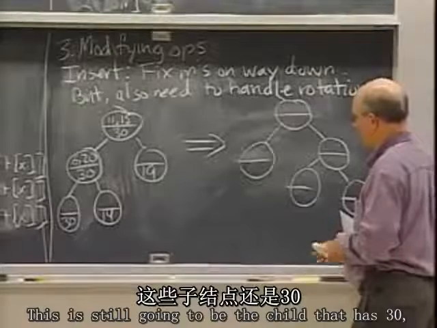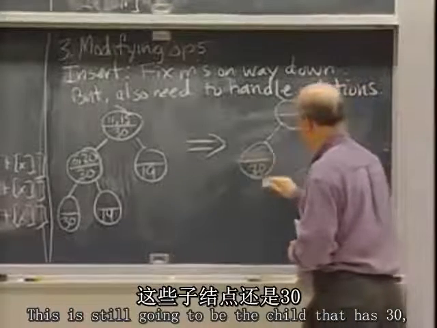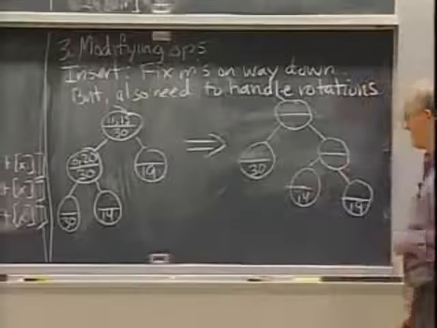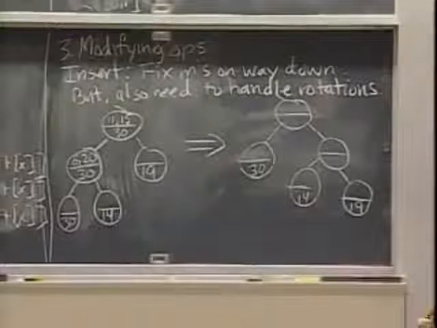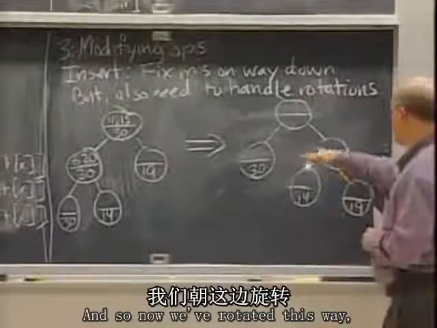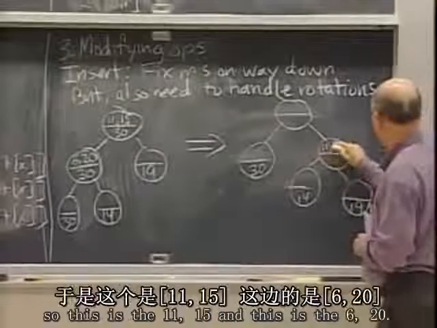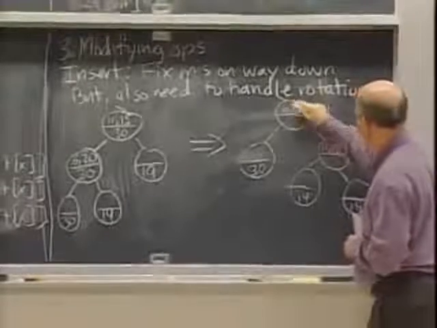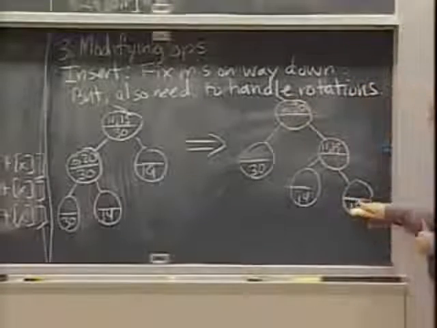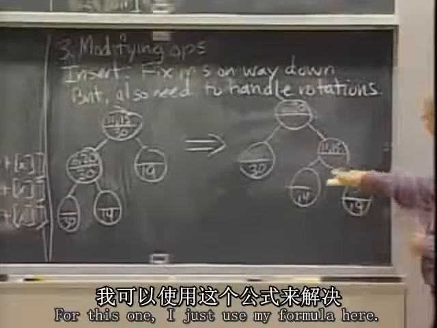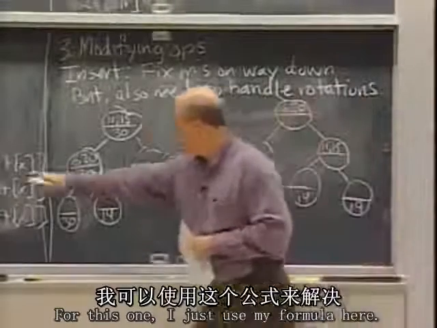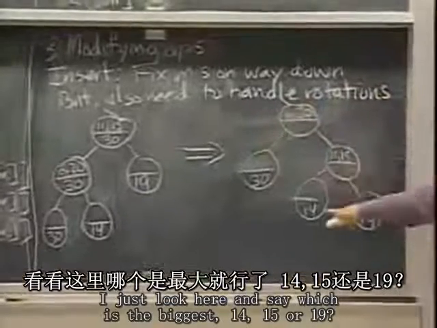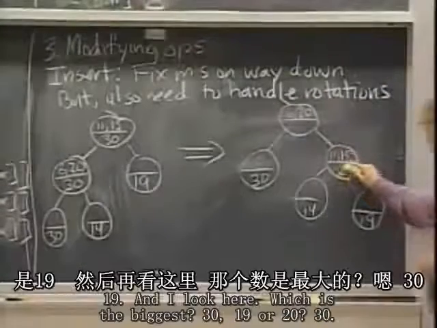So this is still going to be the child that has 30, the one that has 14, and the one that has 19. Okay? And so now we've rotated this way, so this is the 11, 15, and this is the 6, 20. So for this one, I just use my formula here. I just look here and say, which is the biggest, 14, 15, or 19? 19.